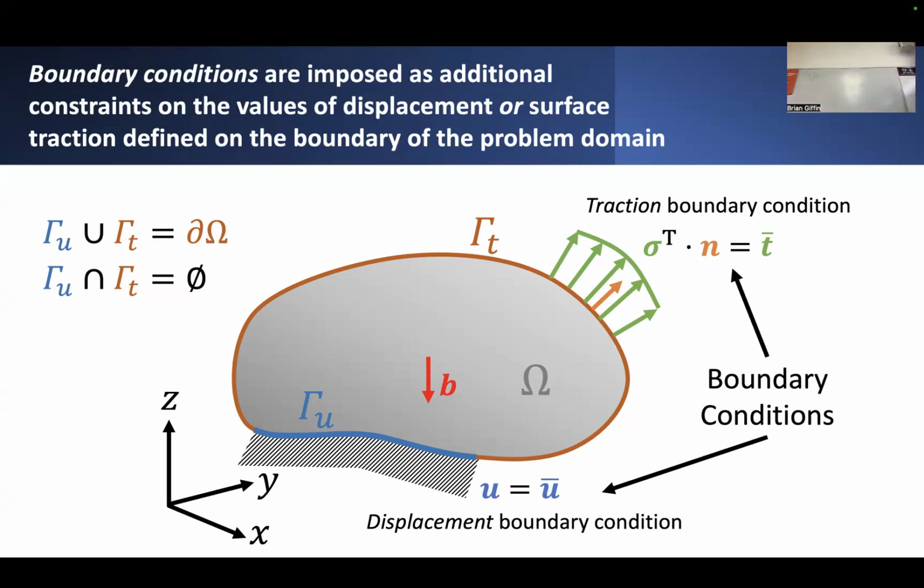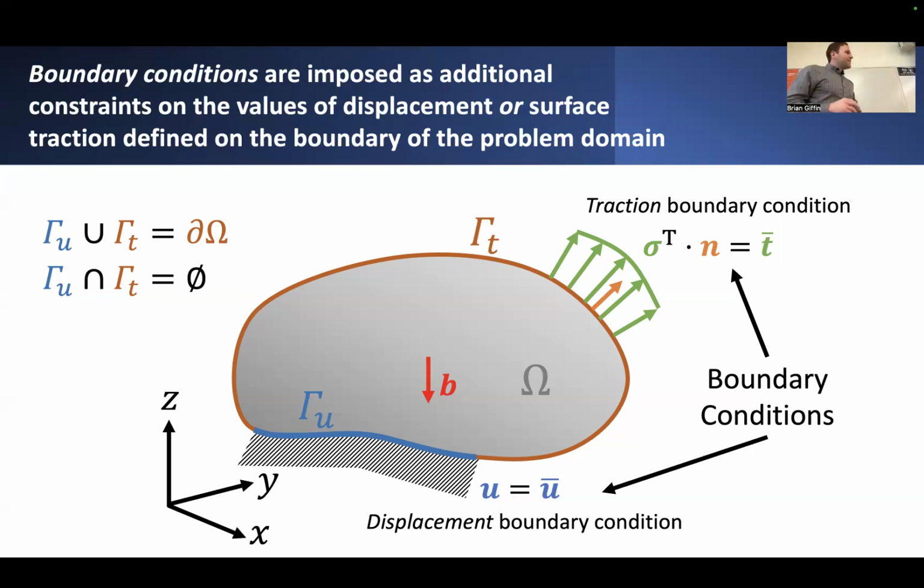And rather, their union forms the entire boundary. So I've specified boundary conditions at every single point along the boundary on del Omega, either a traction boundary condition or a displacement boundary condition. And nowhere have I specified both of those things at the same time.